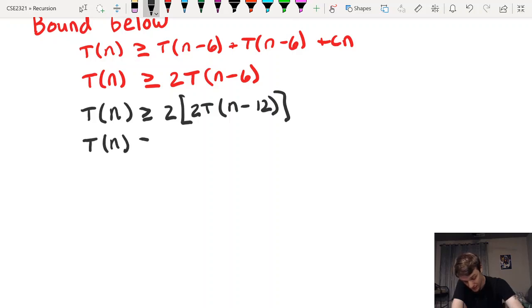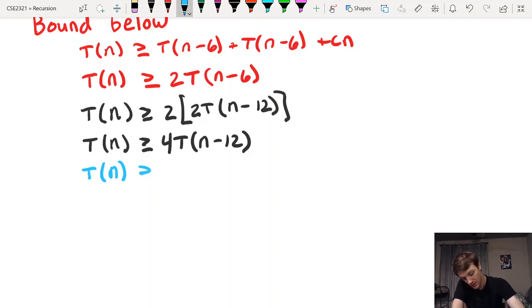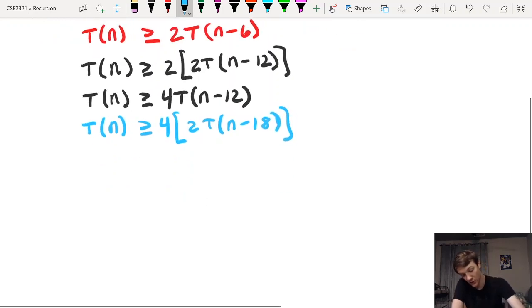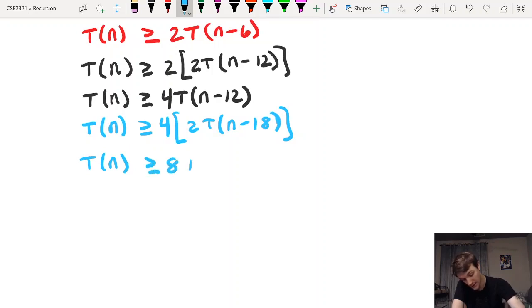I have T(n) greater than or equal to 4T(n-12). I'll then do another substitution, again in place. Plugging n-12 into the equation, I get 2T(n-12-6), which is n-18, and then distribute the 4. T(n) is greater than or equal to 8T(n-18).